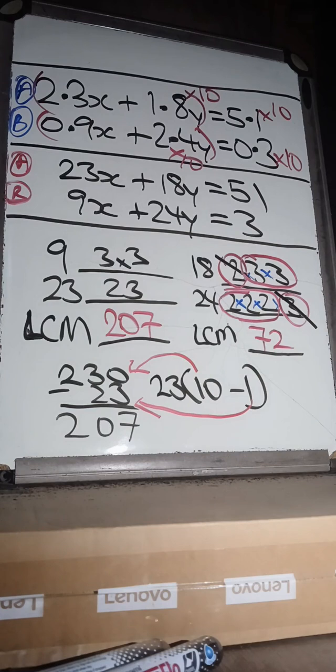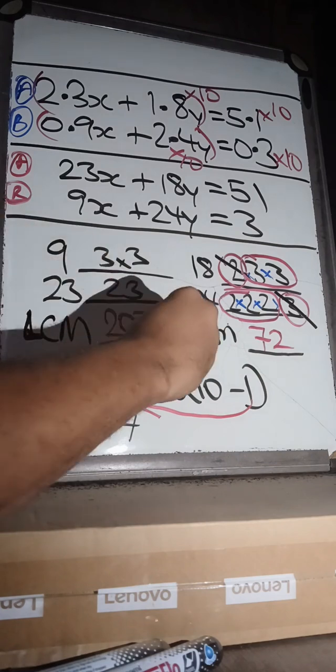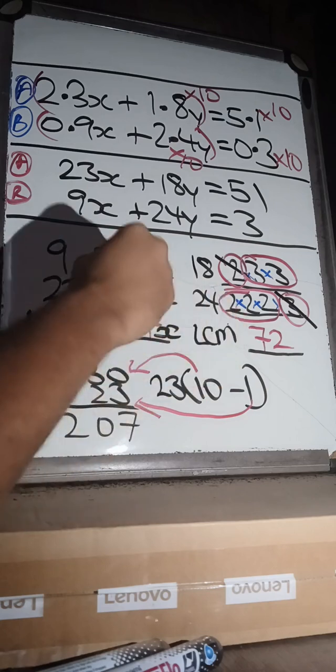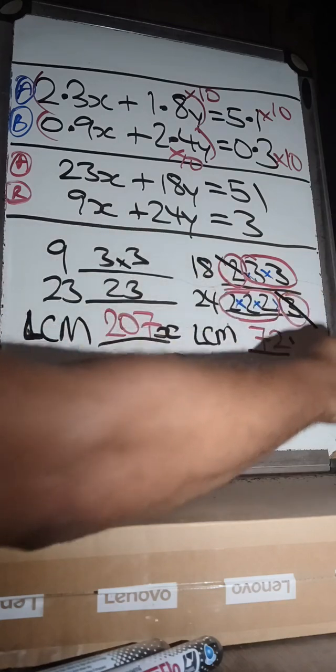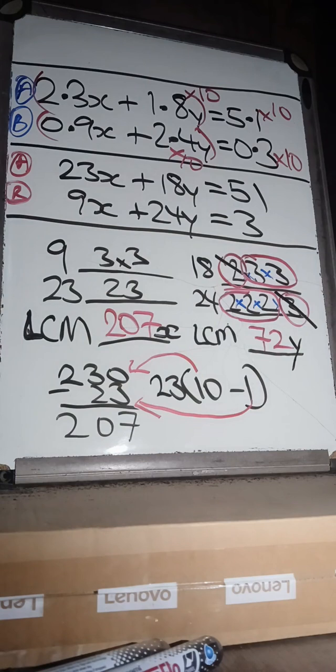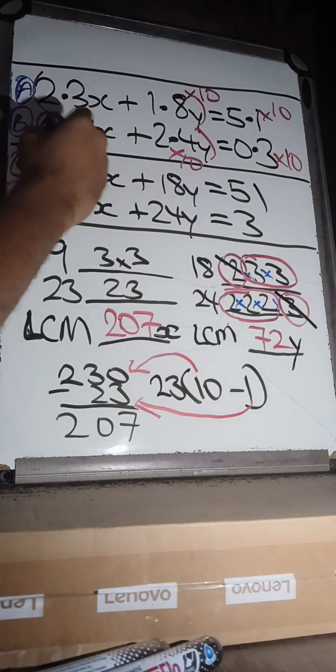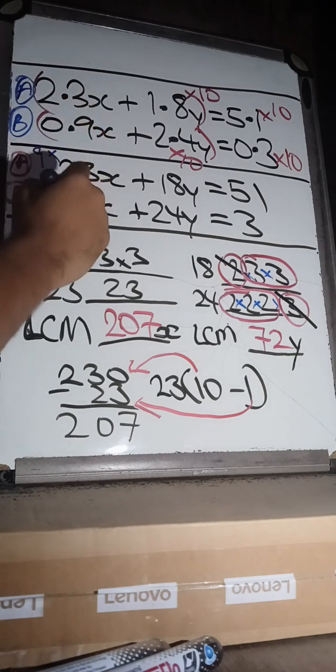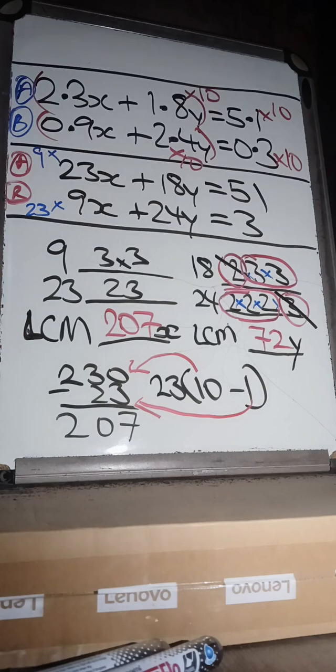So therefore, we're aiming to have 207x, and we're aiming to have 72y. So for one line, we're going to multiply this by 9, that by 23. Then on the other side, we're going to multiply.